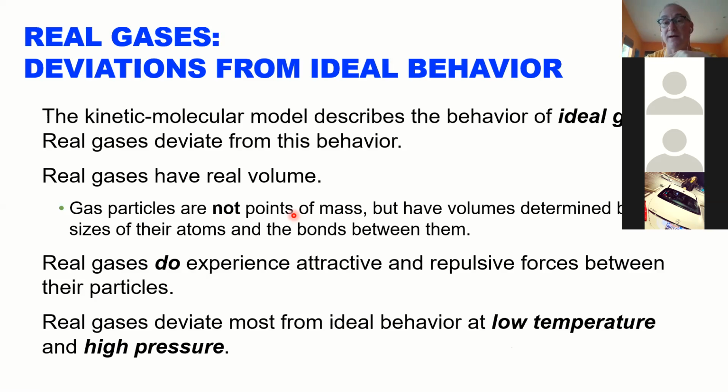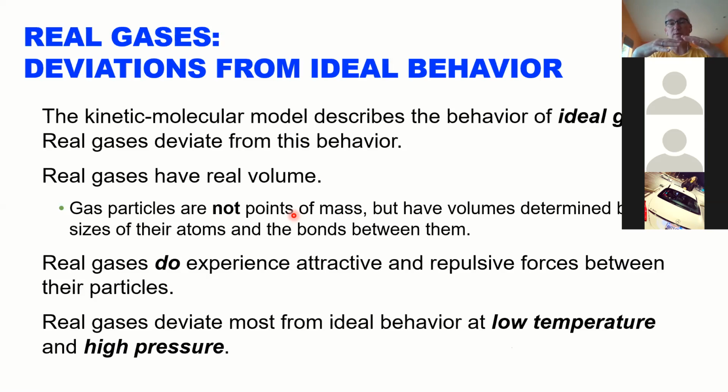And that's what we're going to be talking about next, actually. What are the attractive forces between molecules, and how do they affect their ideal behavior? Here we can see that most real gases deviate most at really low temperatures. Because at really low temperatures, gas molecules stop moving as quickly.